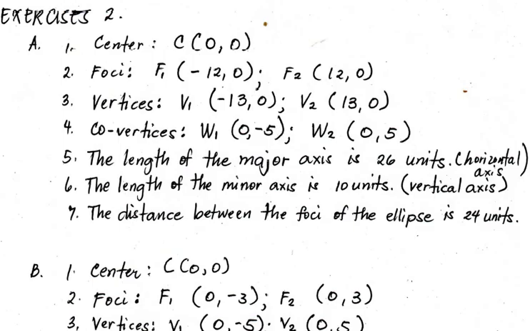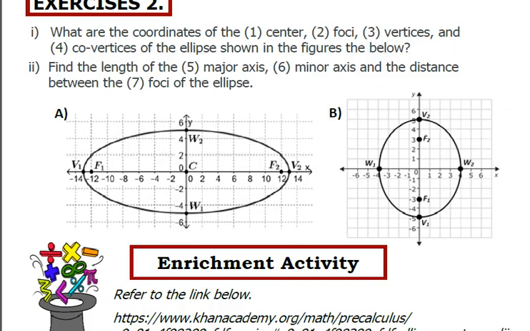And for number 5, find the length of the major axis. In ellipse A, the major axis is where the vertices are collinear with the foci and the center.